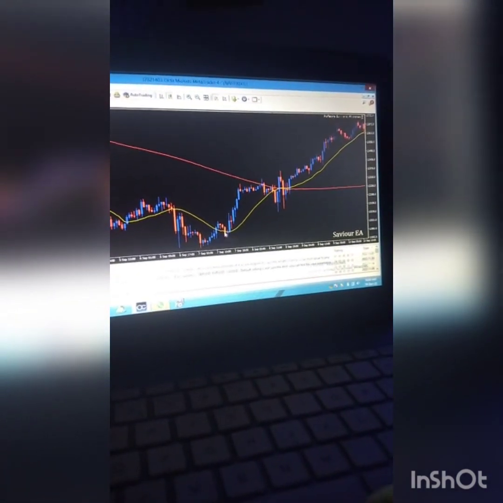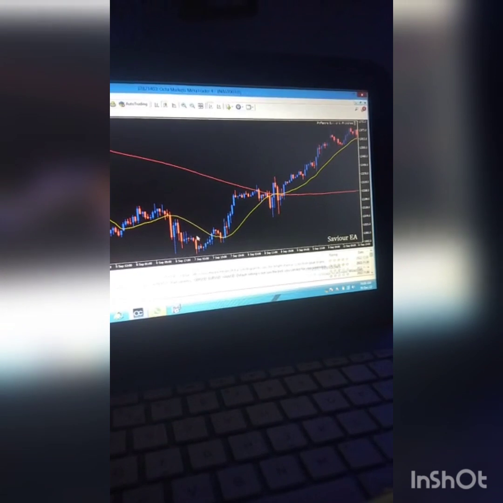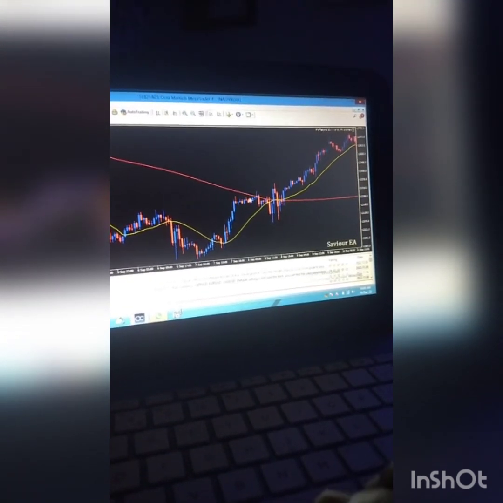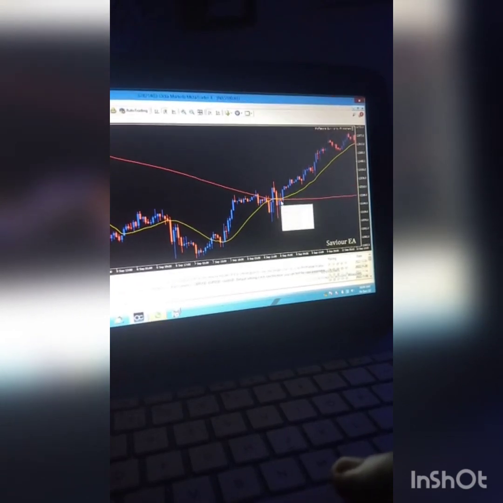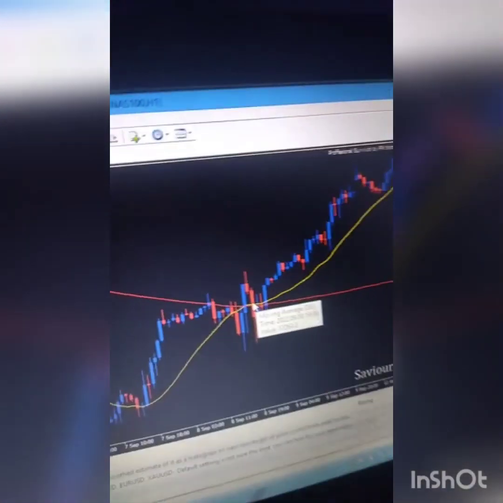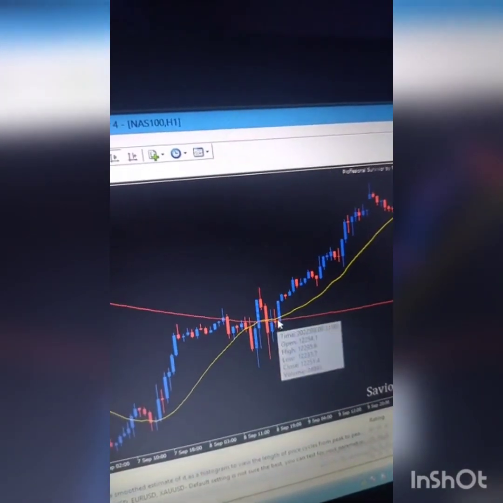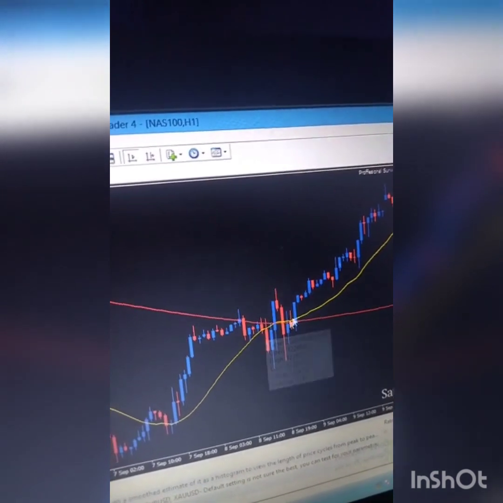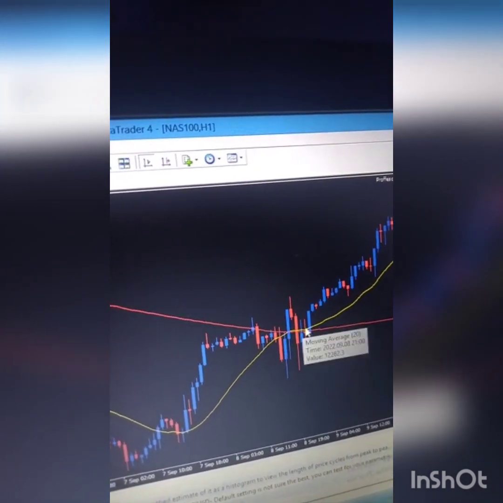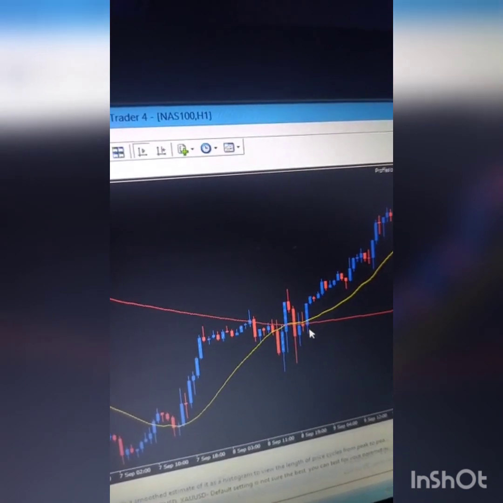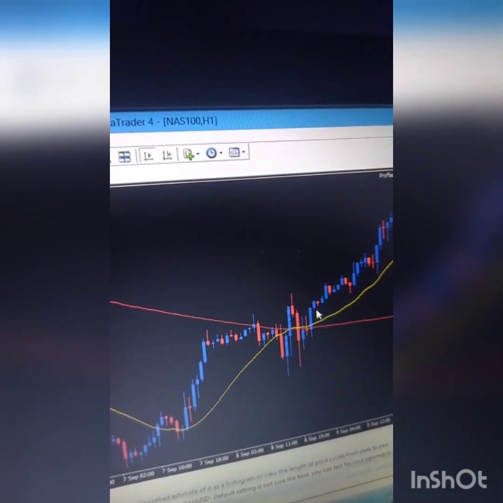So at this point, we didn't see an entry. Price is already going up. Then see here, you see that they have married each other. Price has married together with the two moving averages. Moving average 20 is above, price is above.